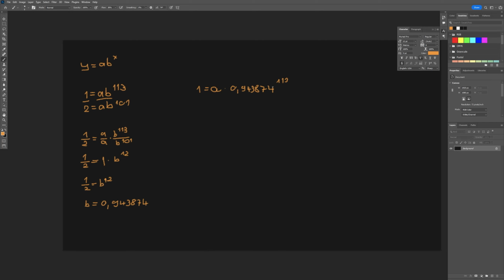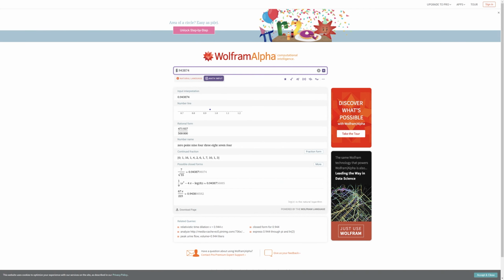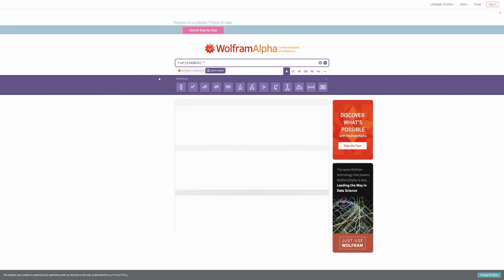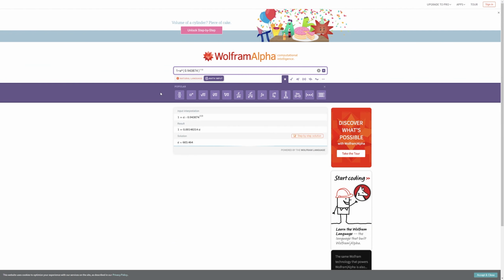So let's put this into WolframAlpha. 1 equals A times this on the power of 113, and the solution for this is going to be a nice number.